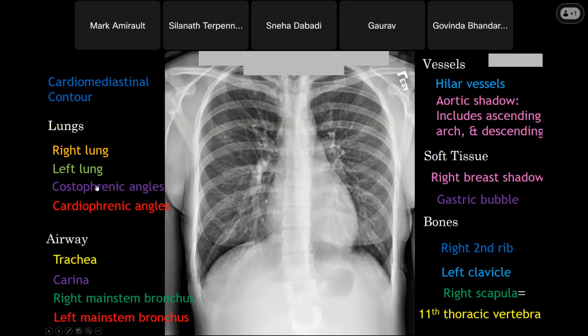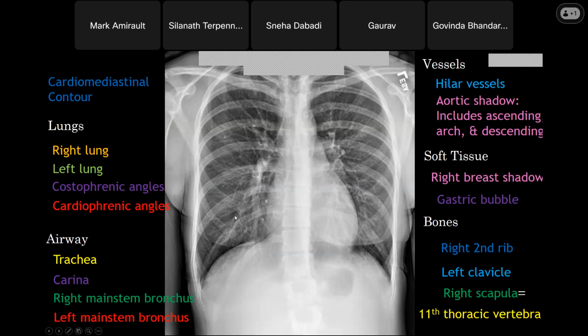And then you also look at the airway. So obviously the trachea here, right main stem bronchus, left main stem bronchus, carina here. These are hilar vessels, these structures here. This is a two-dimensional image, so you see everything, even things outside of the chest, really superficial.